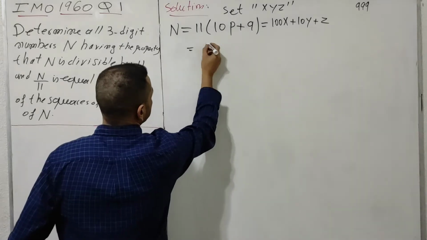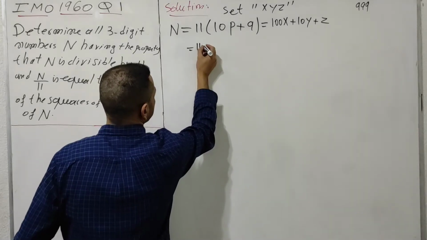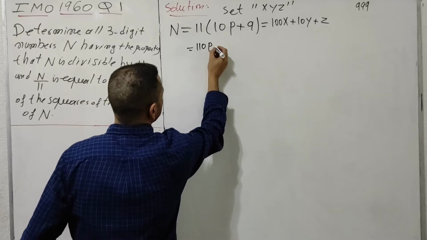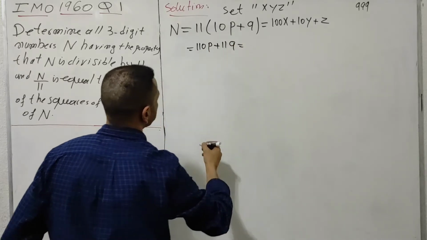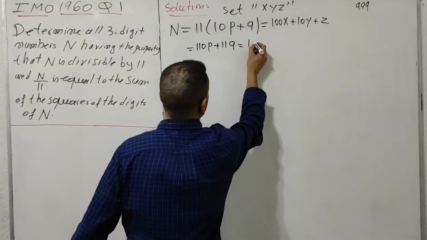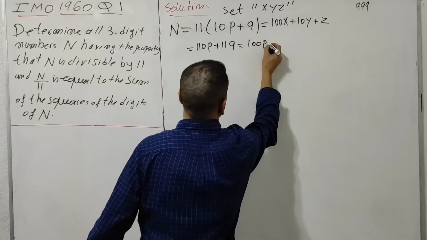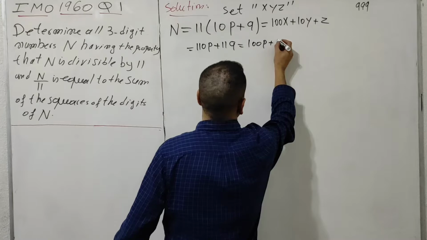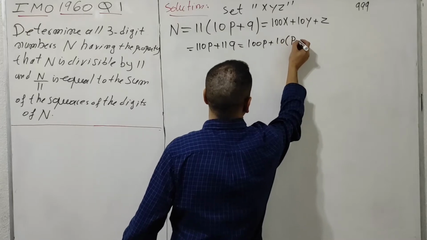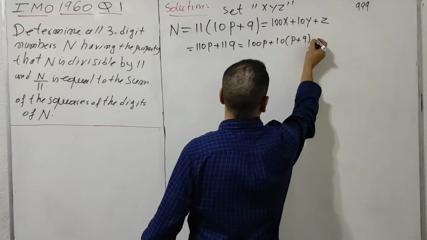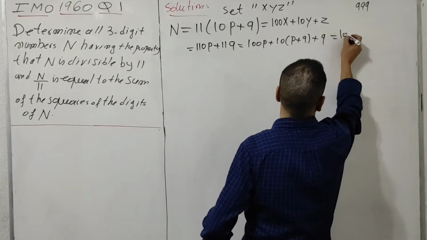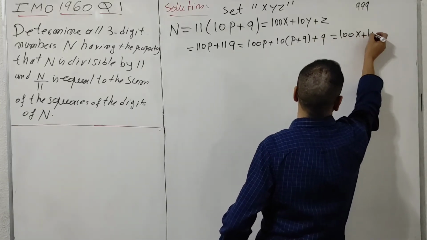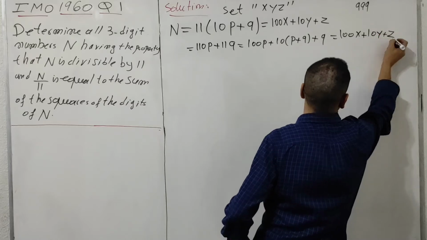This one gives us 110p plus 11q. I can write it as 100p plus 10 multiplied by p plus q, equal to 100x plus 10y plus z.